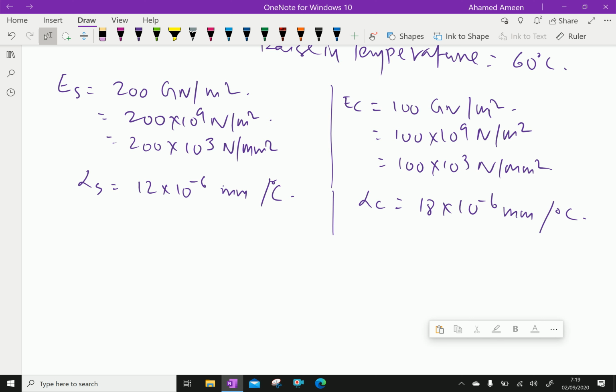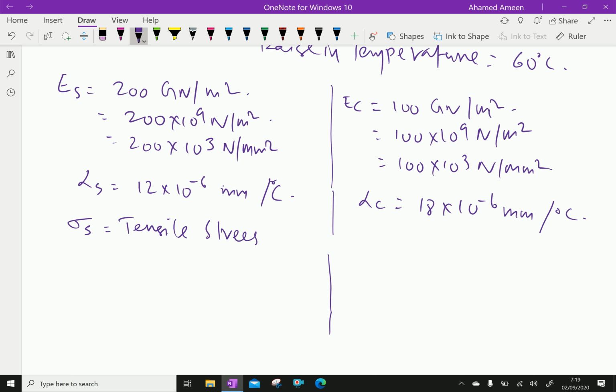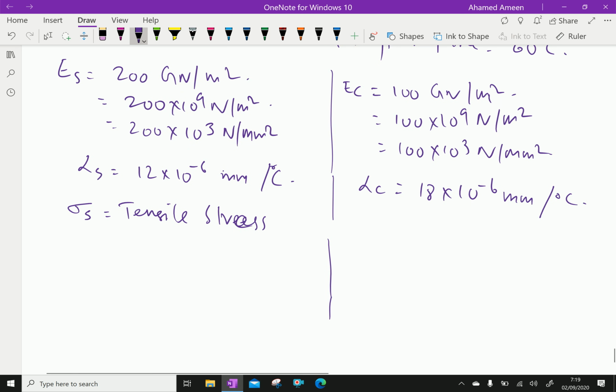Now further, let sigma S be the tensile stress in steel and sigma C the stress in copper.